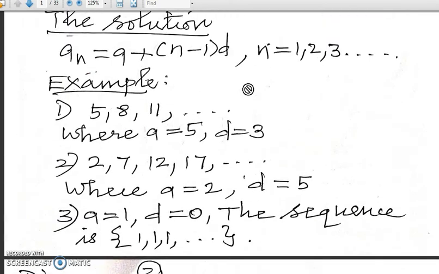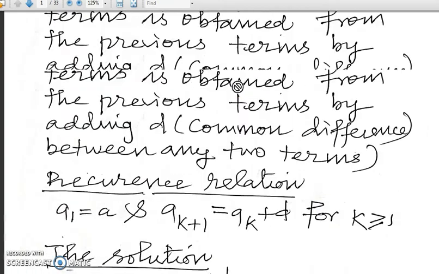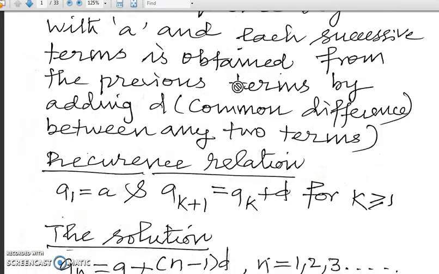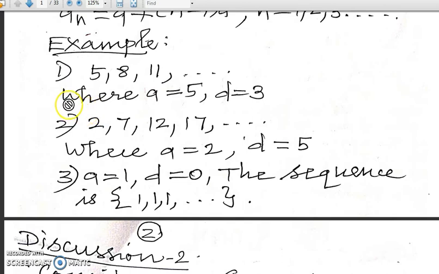Now we'll have an example here for the arithmetic progression. Suppose the first element is 5 and the common difference is 3, then we will have 5, 5 plus 3 is 8, and 8 plus 3 is 11, like that. So this sequence is a recurrence sequence where the initial element a equals 5 and the common difference d equals 3.